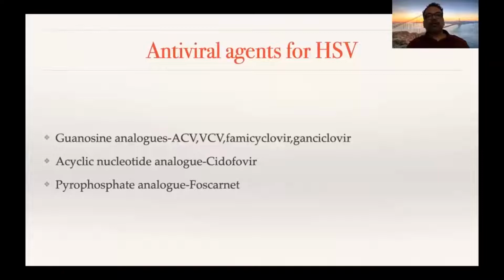Coming to antiviral agents for HSV, guanosine analogs are the most important group of drugs, in which acyclovir is the most important drug being used. Acyclovir acts by inhibiting viral DNA polymerase.